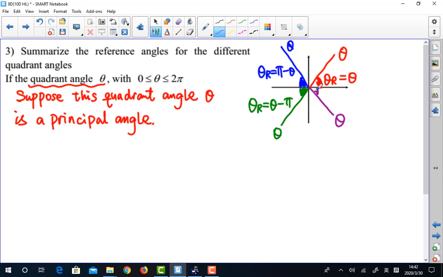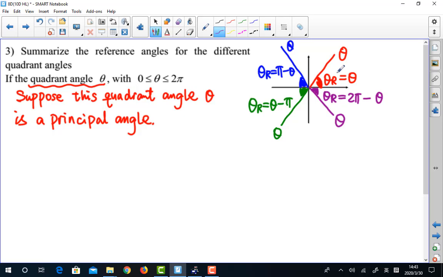The reference angle is this acute angle. This reference angle can be found with 2 pi minus rotation angle theta. Here is the summary for how to find the reference angles for different quadrants if theta is a principal angle.